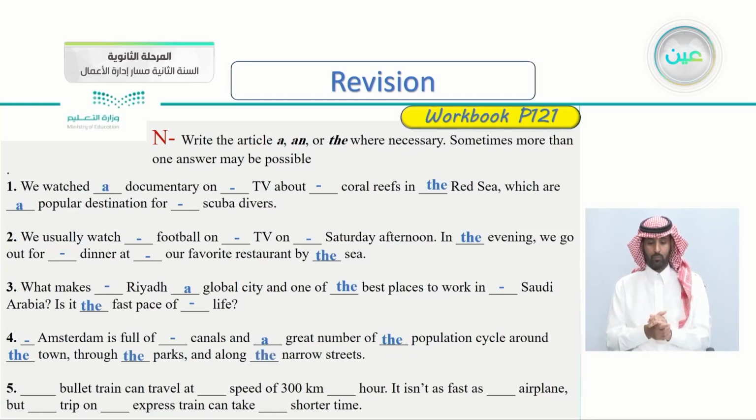Yes, and along the narrow streets because they are the streets of Amsterdam. Number 5, the bullet train. Yes, the bullet train can travel at, yes, at the speed of 300 kilometers an hour.